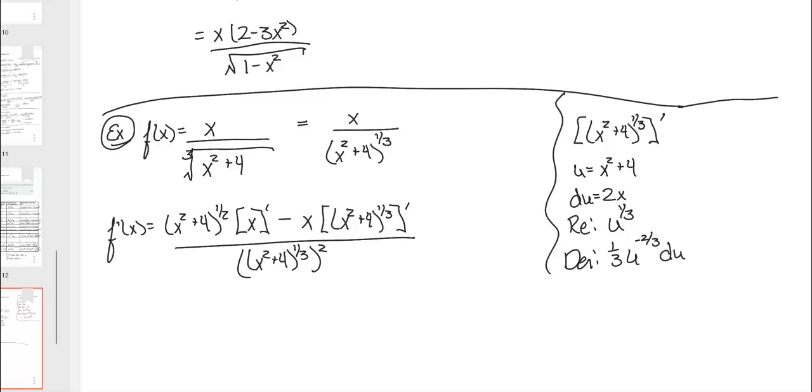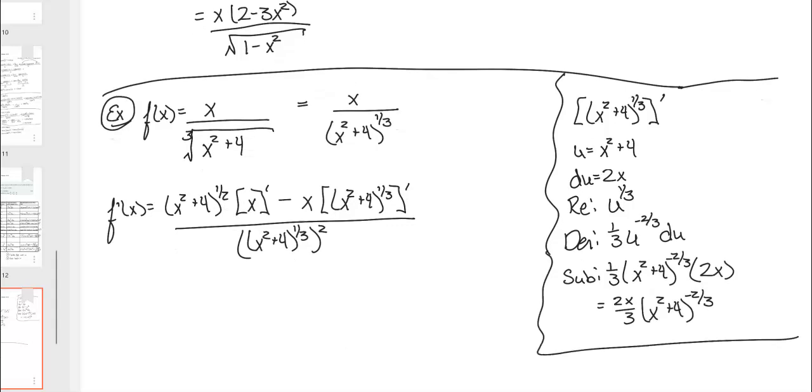And then we're going to substitute back in. So it's going to be 1/3 times x squared plus 4 to the negative 2/3 times du, which is 2x. And then we're going to clean that up. So 2x over 3 times x squared plus 4 to the negative 2/3.